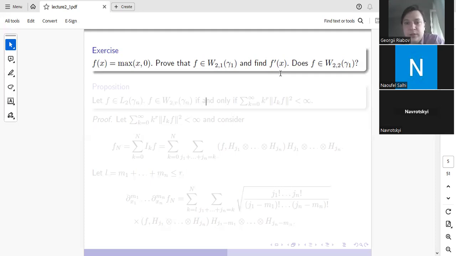Also you can find what the derivative of this function is and check if this function belongs to W_2^2, meaning, can we find the second derivative of this function?